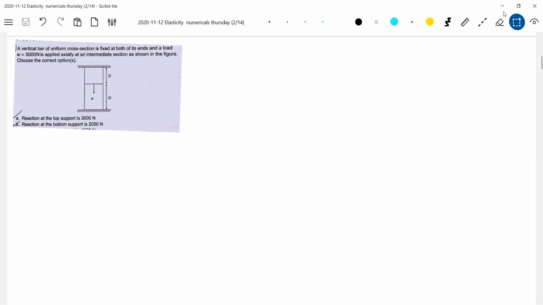I should give time for you to really think about this one. W is not the weight of the rod. W is what? Some external force. If you want, you can write F also. It's not the weight of the rod.